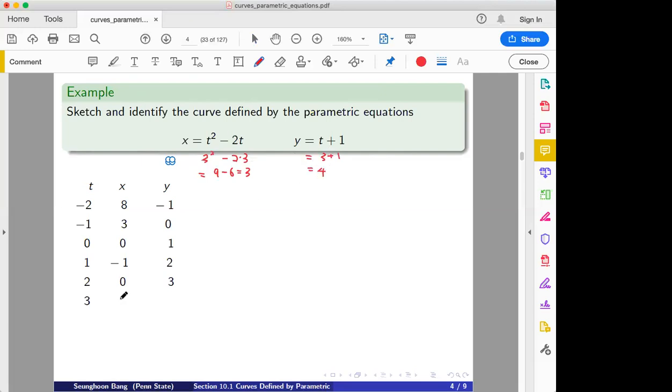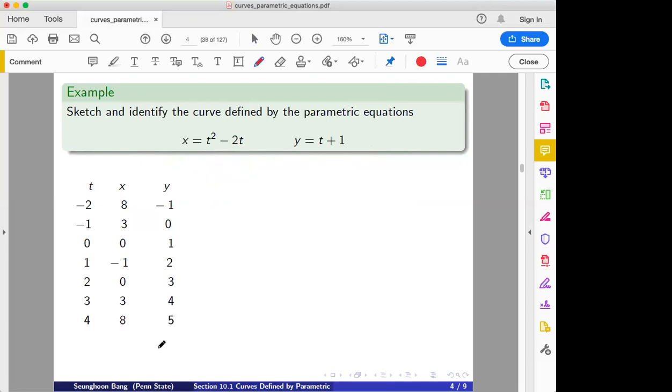We have 3, 4. Plug 4 into t: 4 squared minus 2 times 4, 16 minus 8 equals 8. You plug 4 into y: 4 plus 1 equals 5. So we have 8 and 5.